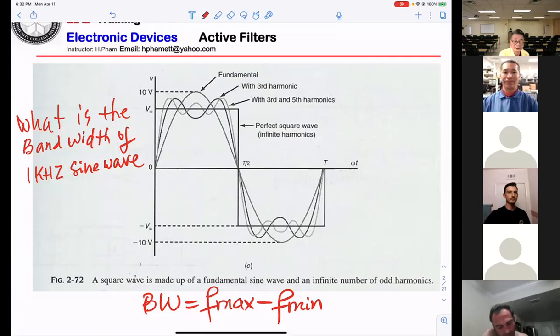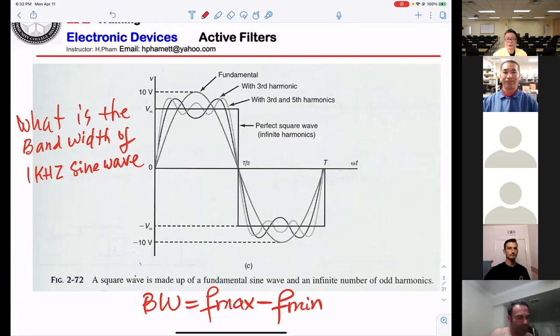It's so quiet. Answer to me. You can get a right or you can get a wrong answer. What's the bandwidth of 1 kilohertz sideways?